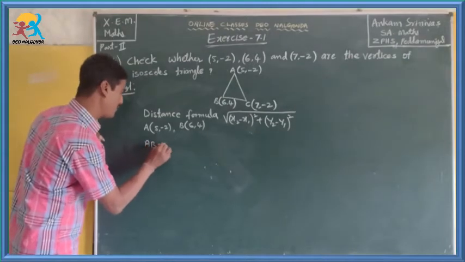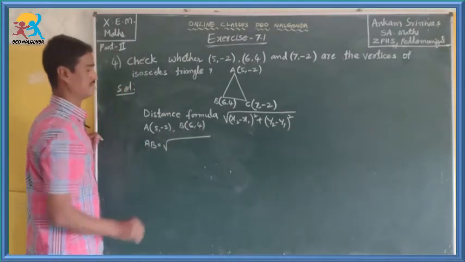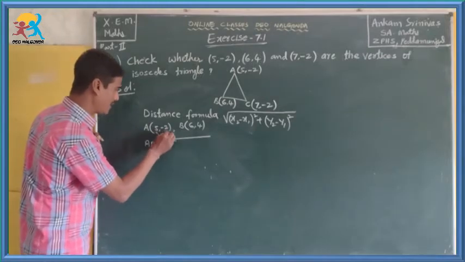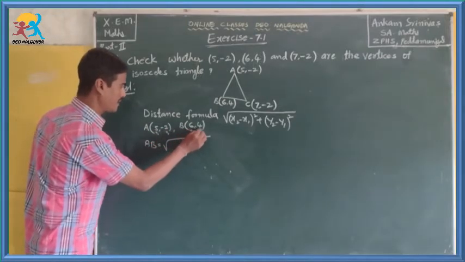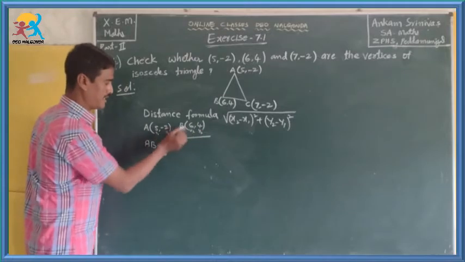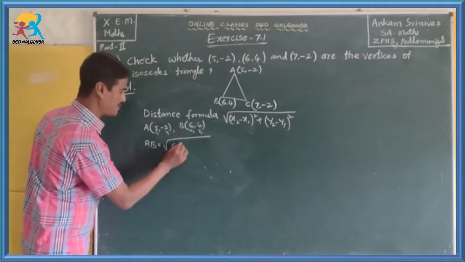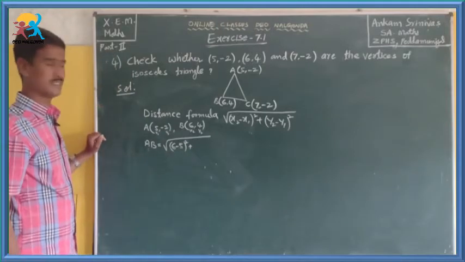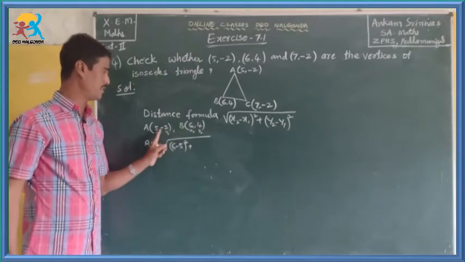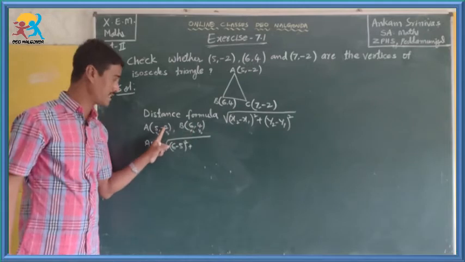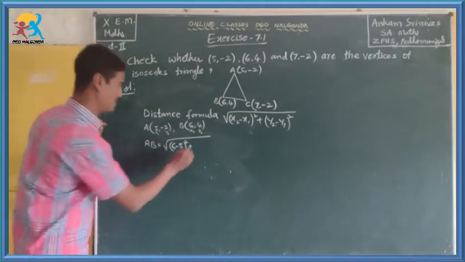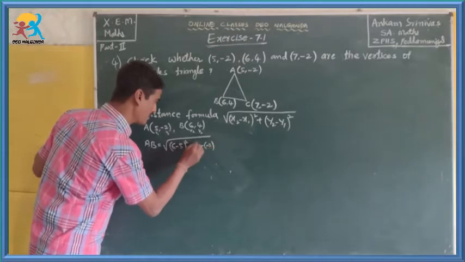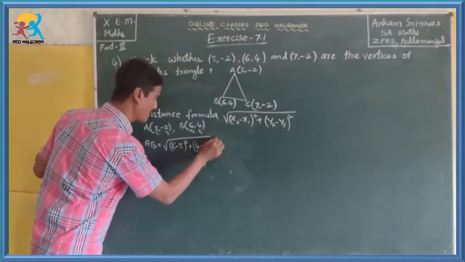AB equals square root of: this is x1, y1, x2 and y2. x2 minus x1, 6 minus 5 whole square, plus y2 minus y1, 4 minus of minus 2, 4 minus of minus 2 whole square.